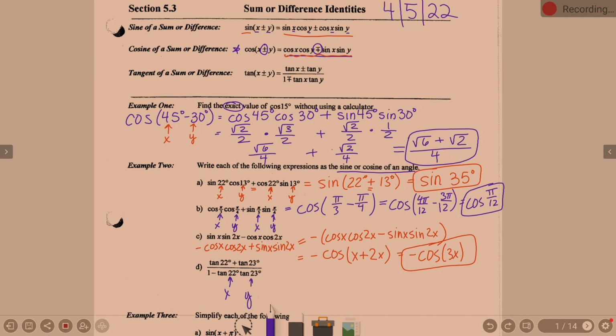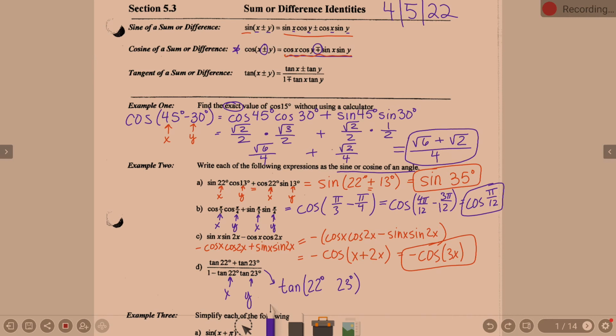The x and y values are going to be the 22 degrees and the 23 degrees. And the big question is going to be, are we adding or subtracting those? Tangent of 22 degrees plus or minus?